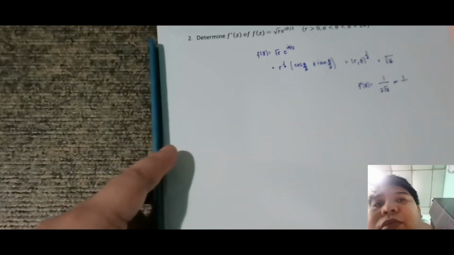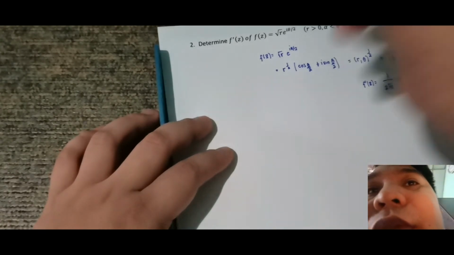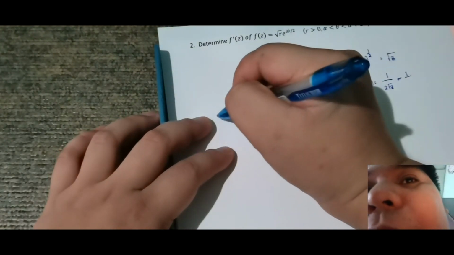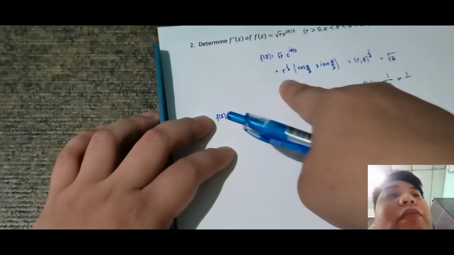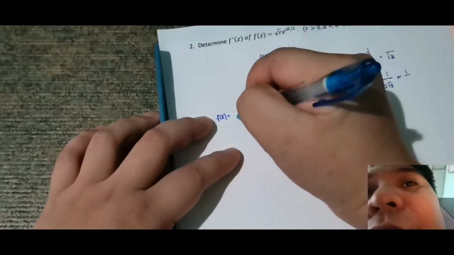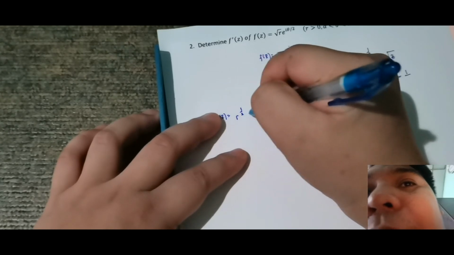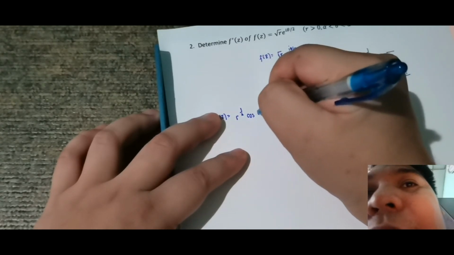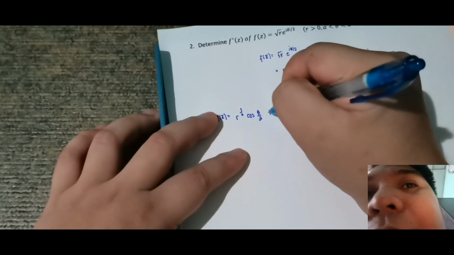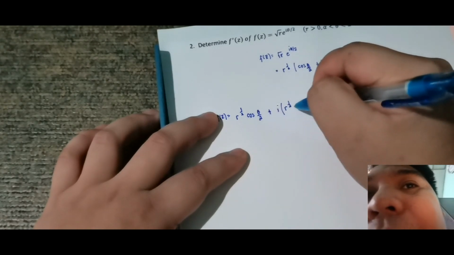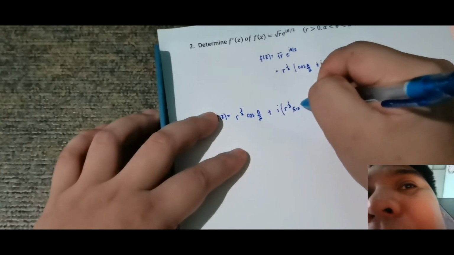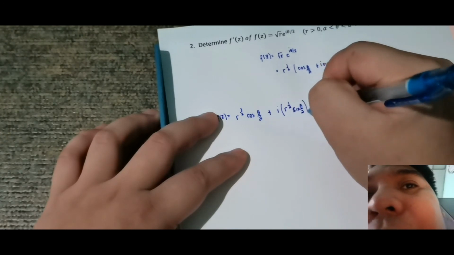Tama. So ngayon, ang gawin natin muna ay i-expand natin. Yung f of z natin, gamitin ko na 'to. That is r raised to 1 half cosine theta over 2 plus i multiplied by r raised to 1 half tapos sin theta over 2.